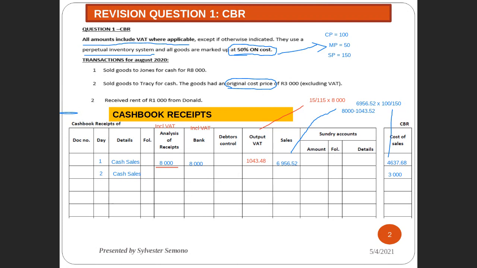And after doing this, we need to calculate what? The sales. Remember, in the other one, we had to start calculating the sales first to find the cost of sales. Now they gave us the cost of sales, and we have to find the sales. So how can we do that? We say 3,000.